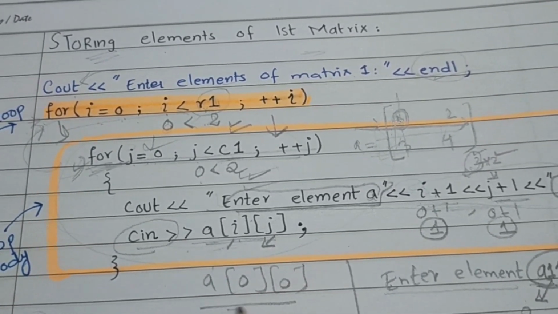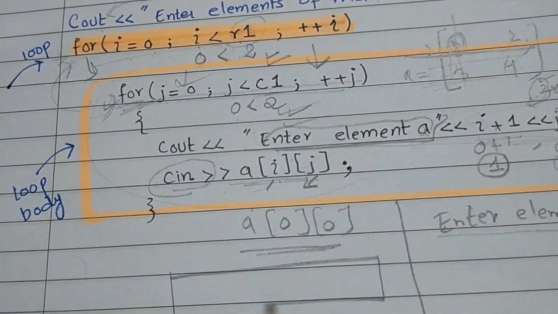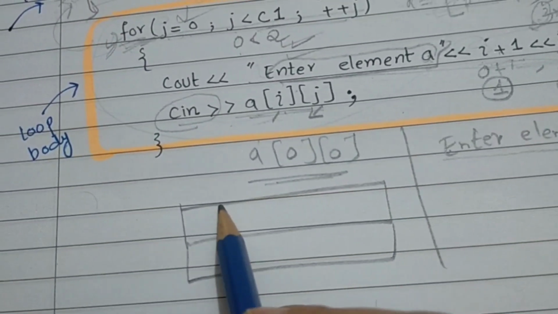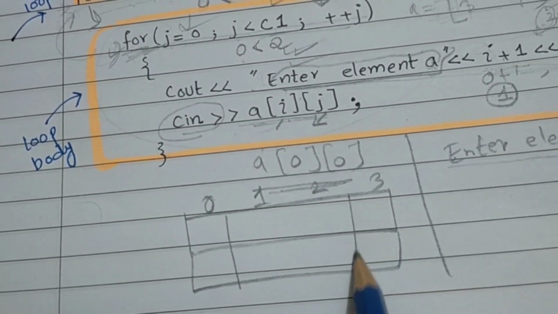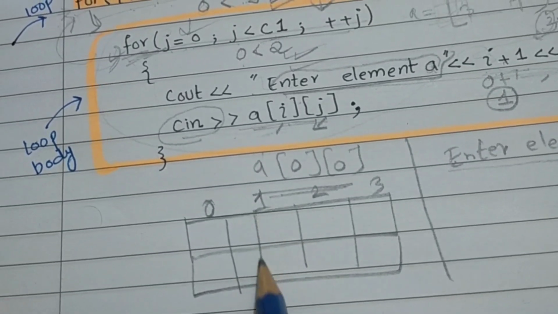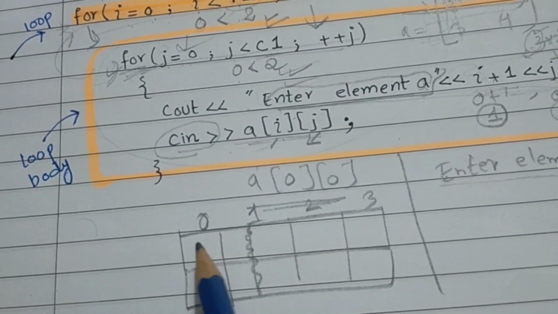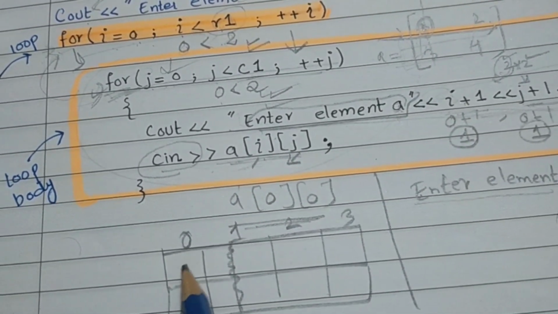Arrays start from 0, you should know that, like 0, 1, 2, 3, with spaces created like this. So the first digit will be stored in this place.